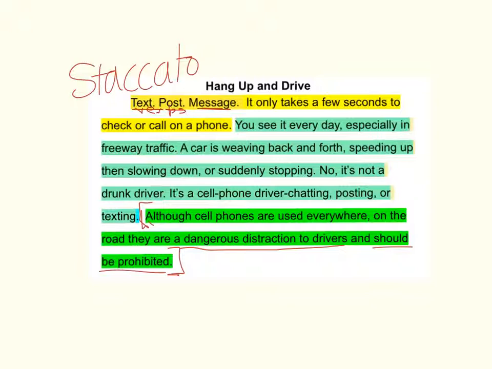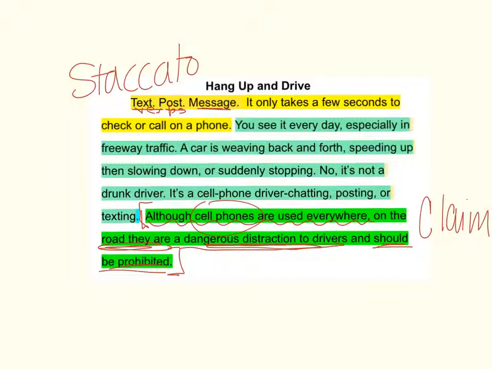So this first part here, it acknowledges the other side of the argument, but then it still takes a stand and stakes a claim that when you're driving, cell phones are a dangerous distraction to drivers and should be prohibited, so they shouldn't be allowed. So you've got this idea that using the cell phone doesn't take very long, and then you've got the claim that's saying they're a dangerous distraction and shouldn't be used when you're on the road.